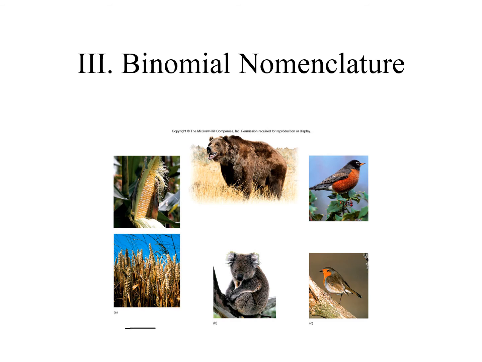We have two organisms that in different parts of the world are both called bears. We have two organisms in different parts of the world that are both called robins. But clearly they're not the same species, right? Common names lead to confusion. So we have a system for giving every species a unique name.